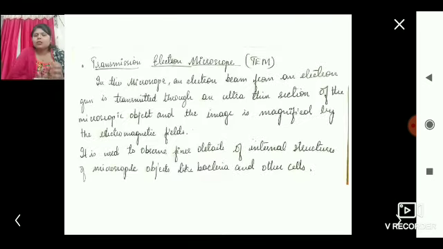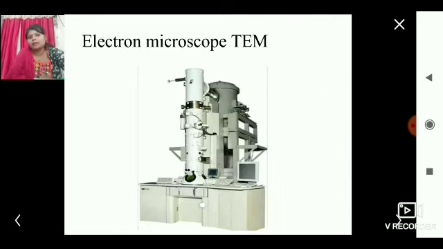The next is the transmission electron microscope, wherein an electron beam from an electron gun is transmitted through ultra thin sections of the microscopic object, and the image is magnified by the electromagnetic field. It is used to observe fine details of the internal structures of microscopic objects, such as bacterial cells and other cells.